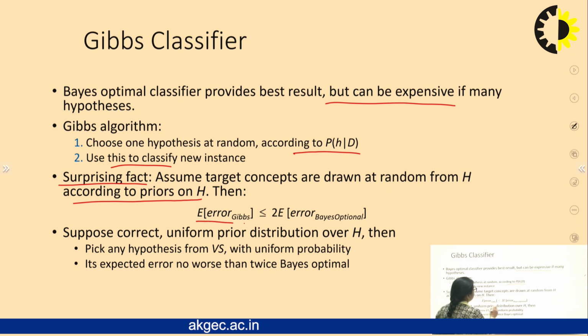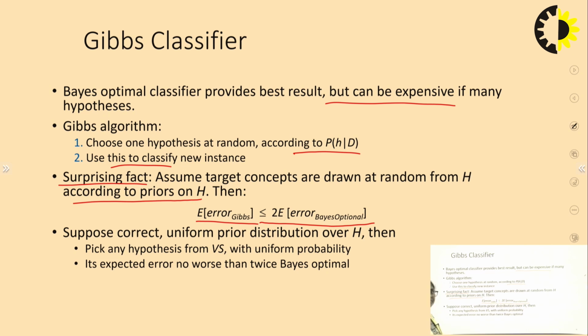The error given by Gibbs classifier is less than or equal to twice the error given by the Bayes optimal method. Whatever error we have using Bayes optimal, this will be at most twice that. It cannot be more than that.